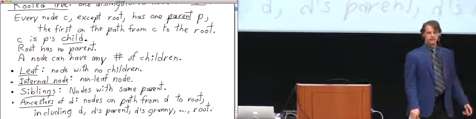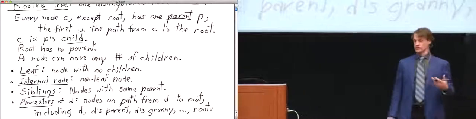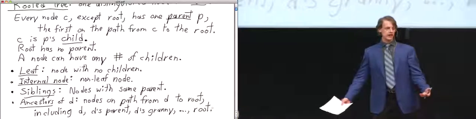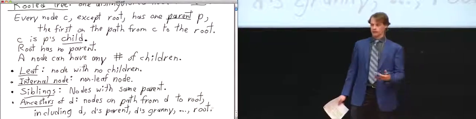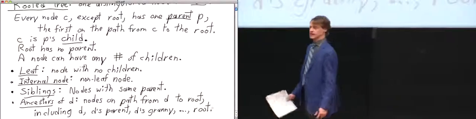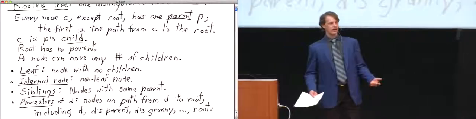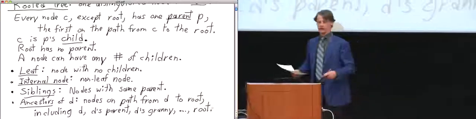So I know it might seem strange to call D one of its own ancestors, but it's one of those mathematical things where the way that you use the word ancestors, it tends to make sense. Usually you want to include a node when you're talking about its ancestors.